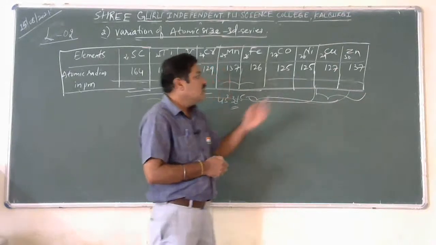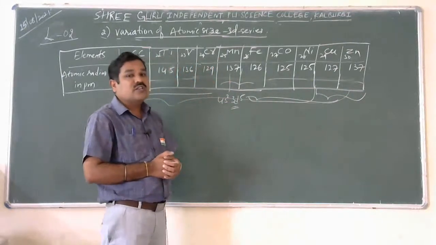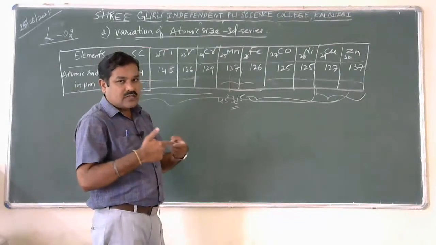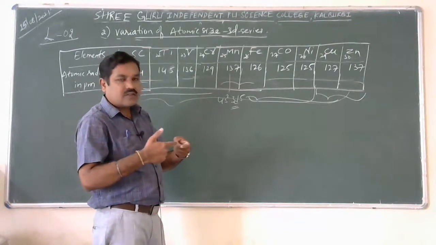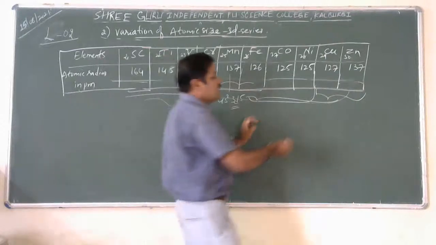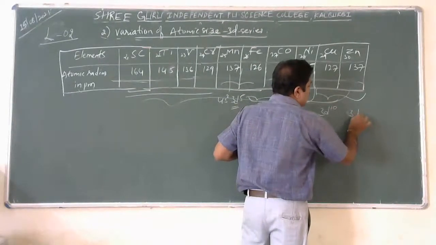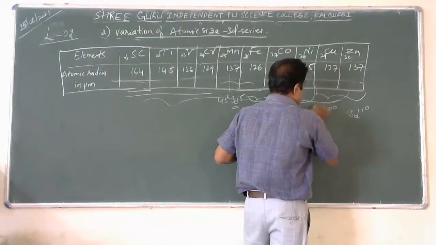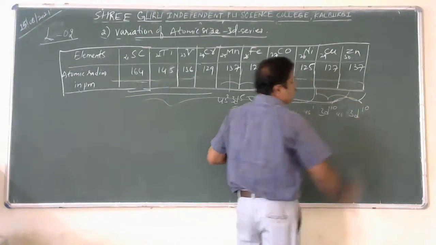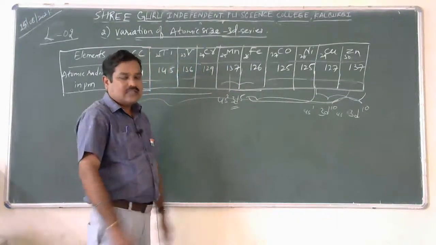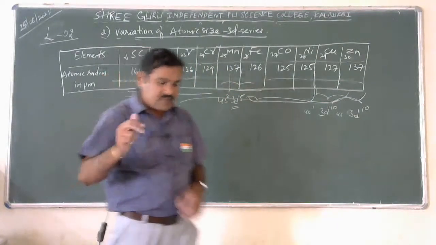And lastly, from copper to zinc, it should decrease, but it is increasing. Why? Because electrons are added to the same subshell, which is completely filled: 3d10, and here also 3d10, here 4s1, here 4s2. Due to electron repulsion, atomic radii increase. This is how we have to explain the variation of size.